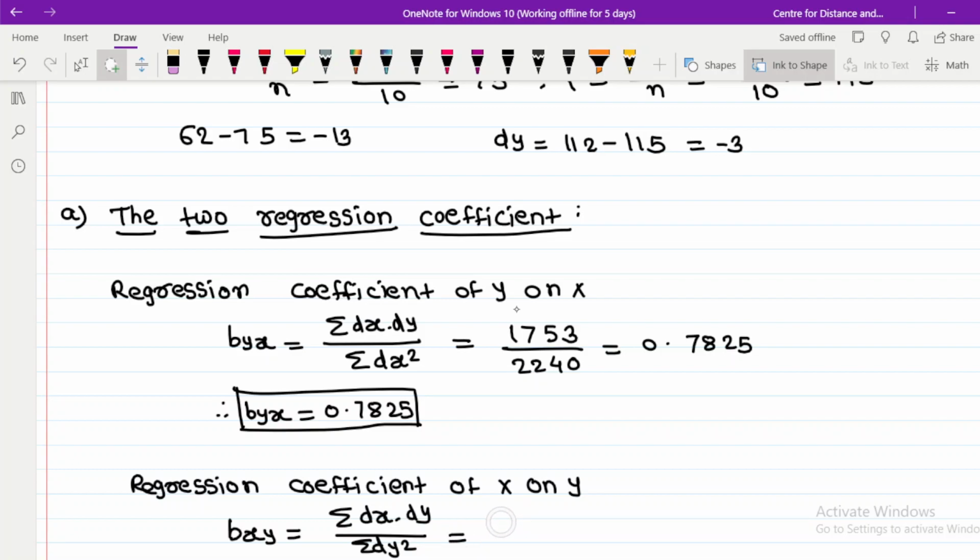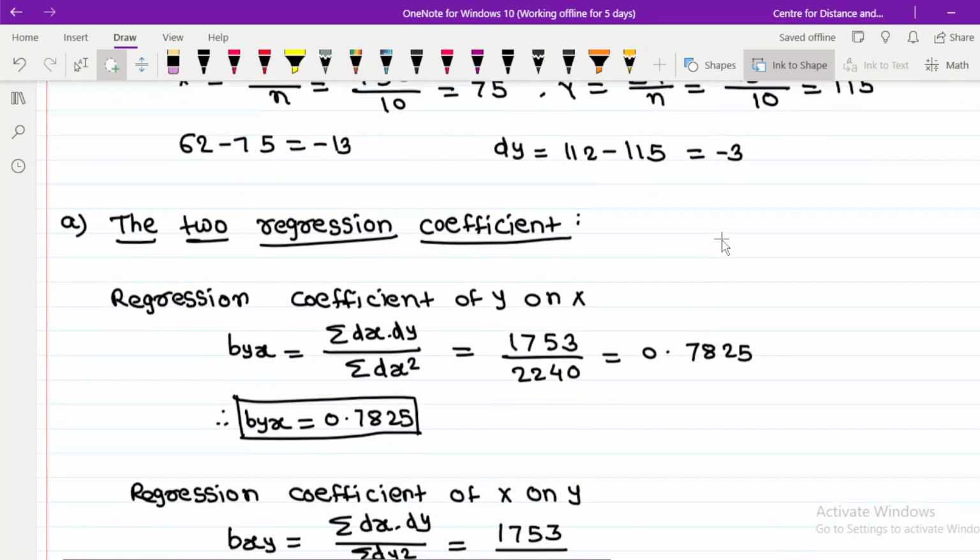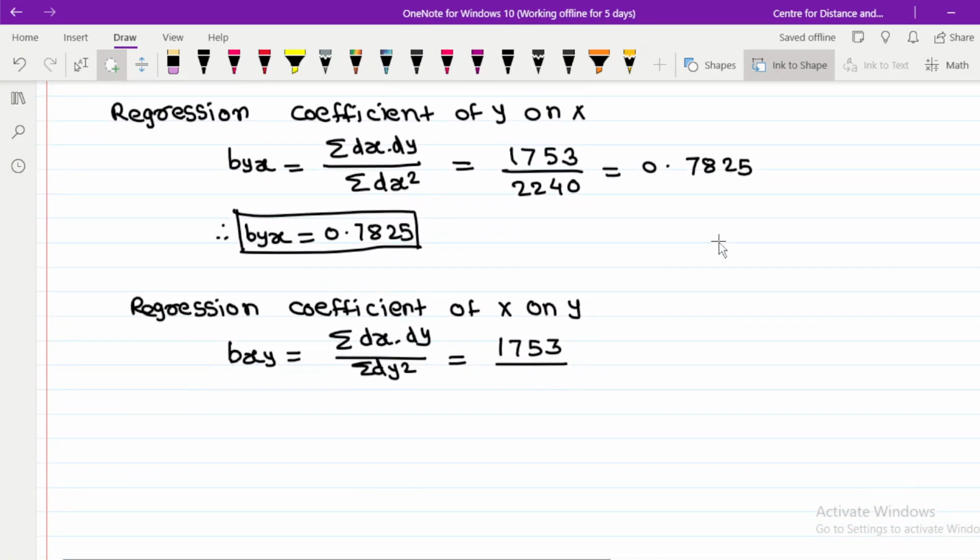The value of summation dx into dy is 1753, divided by the value of summation dy square, which is 2690. 1753 divided by 2690 is 0.6516. Therefore, bxy is equal to 0.6516.